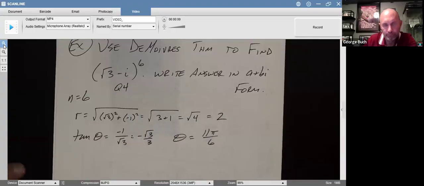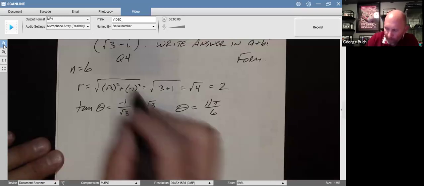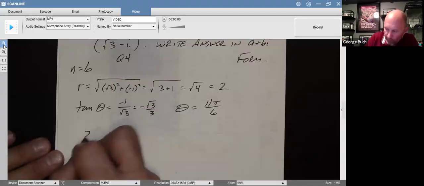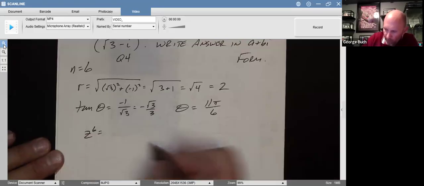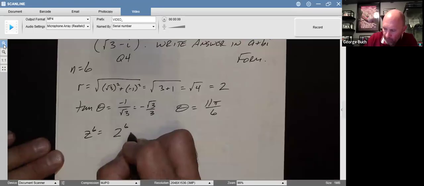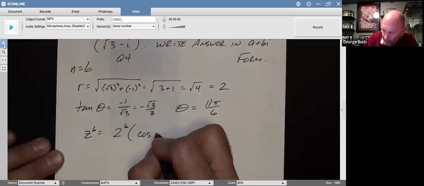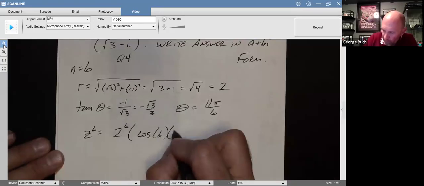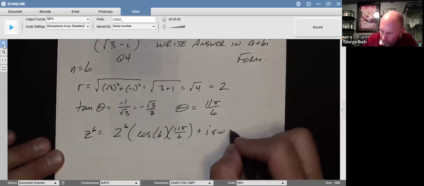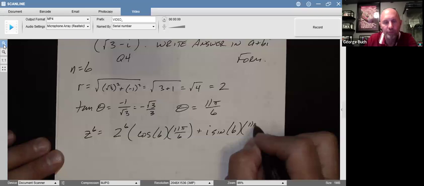So now write it out in polar form. So z to the 6th power is my r, 2 to the nth power, 6, times cosine of n, which is 6, times theta, 11 pi over 6, plus I sine of 6 times 11 pi over 6.